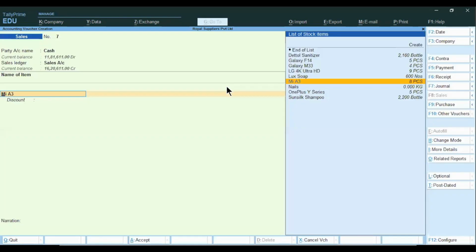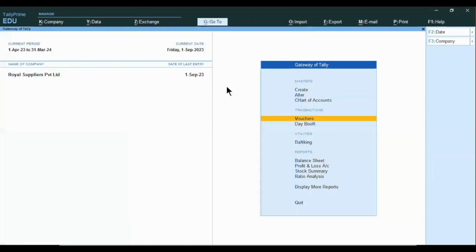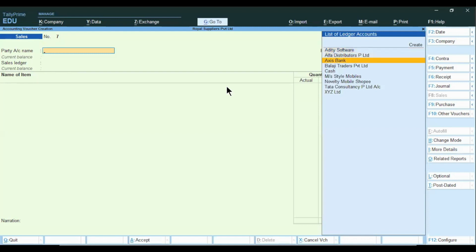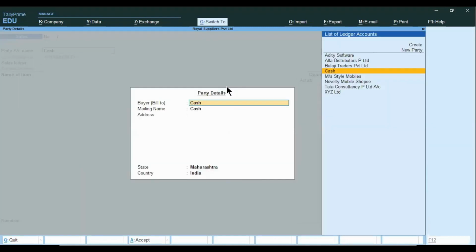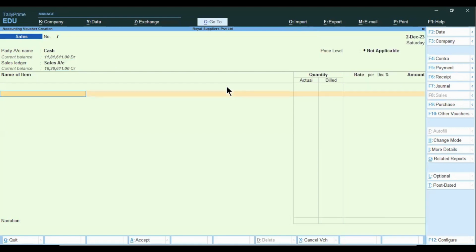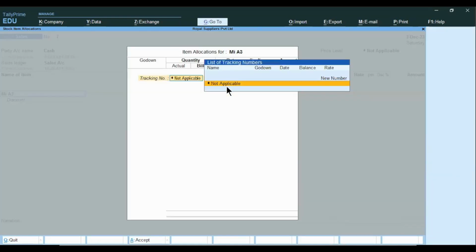Okay, just a minute. I have to check. Voucher 1, 2nd December. Party name cash. Control A. No price level. Sales ledger. MIA3. How much have I entered? Let me check first.